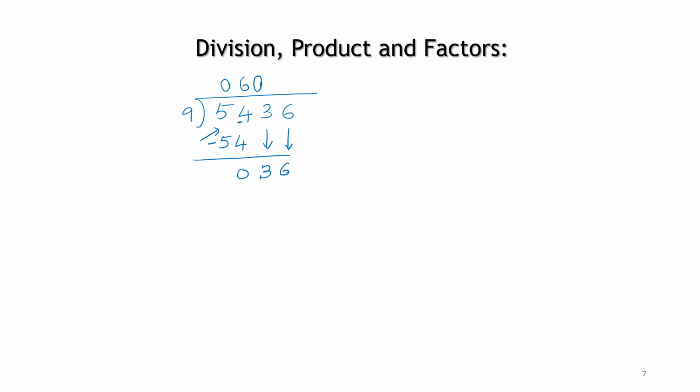Now, 36 is greater than 9. Definitely you can proceed with the division. So 9 4s are 36. 0. So here it is the remainder and 604 is the quotient.